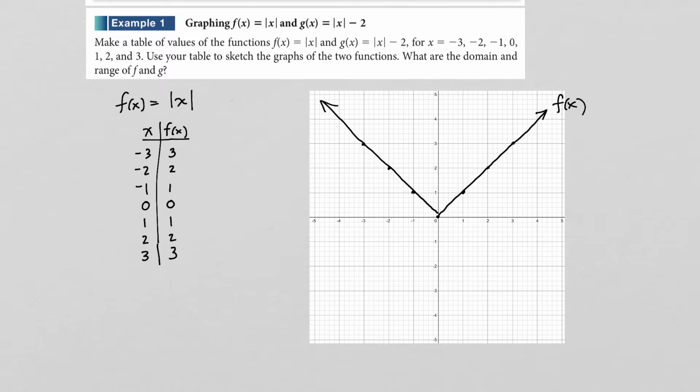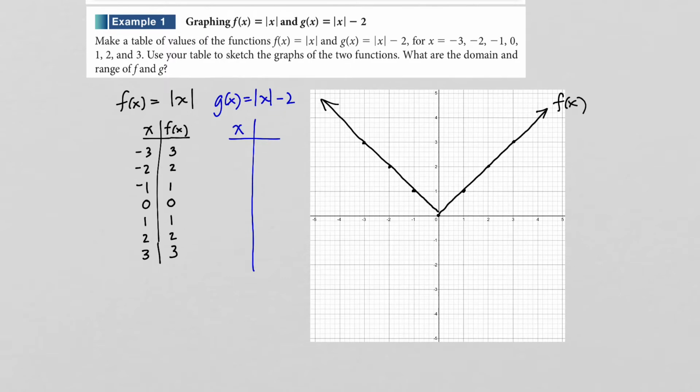Now they want us to graph g of x, which is defined to be the absolute value of x minus 2. And they want us to do it the same way by making a table of values and plugging in the same values that we plugged in for f of x. So all we're doing here is we're taking the absolute value of each of these numbers, and then we are subtracting 2.